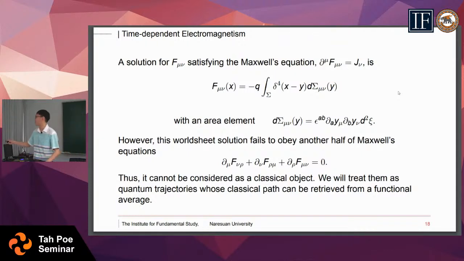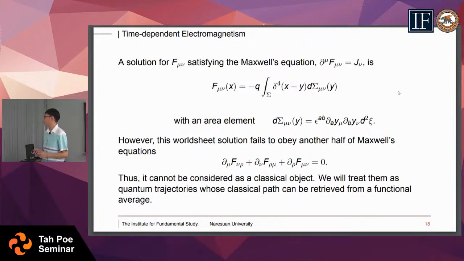You can see that it is the area element, where psi are the parameters on the worldsheet. But even though we have the worldsheet solution for this Maxwell equation, we need to take into account the other half of the Maxwell equation as well, right?